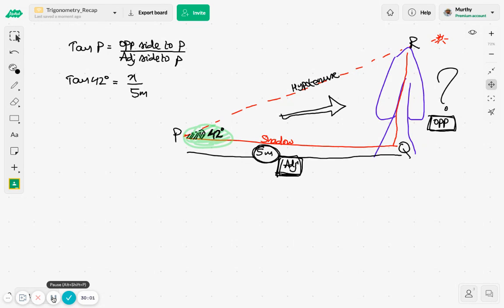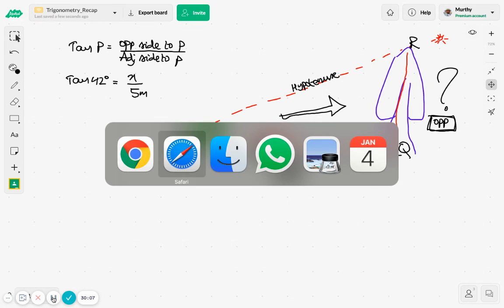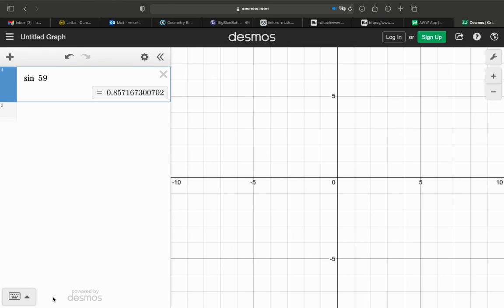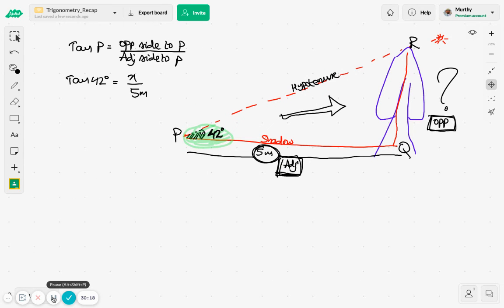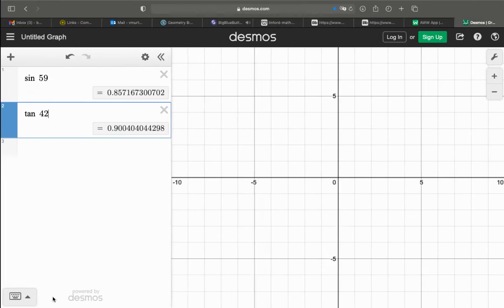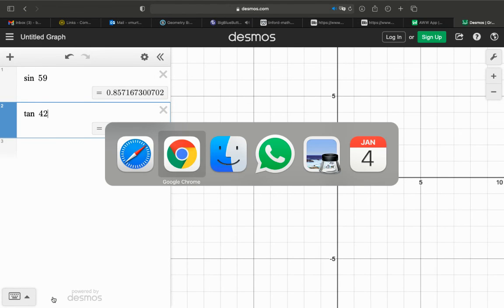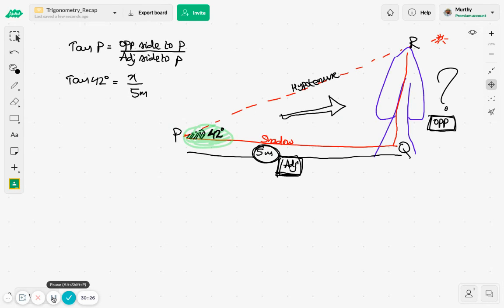Let me use my graphing calculator, Desmos, to find the value of tan 42. Let me type tan 42. I see 0.9. So 0.9 equals X over 5.